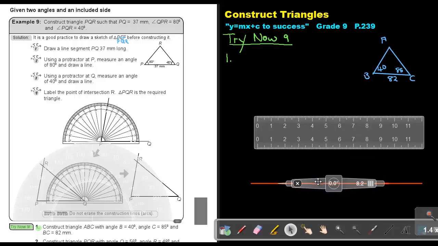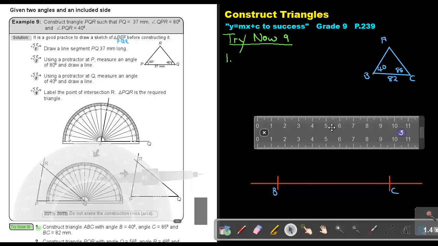We put it anywhere on the line, it doesn't matter, and make an arc. Then we move it to the other side and make your arc. This is an accurate method of drawing a line which is exactly 82 millimeters. So this is now B, and this is point C.